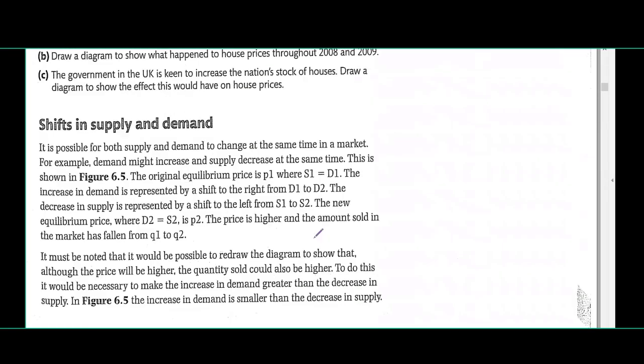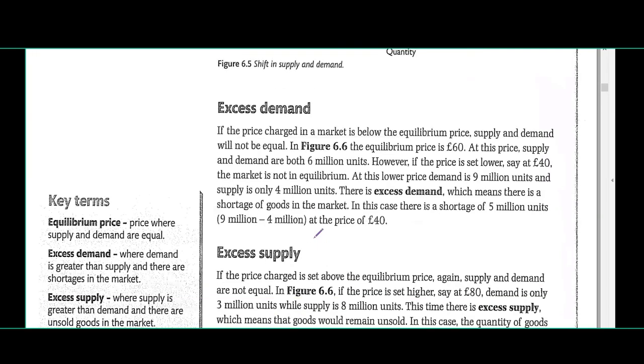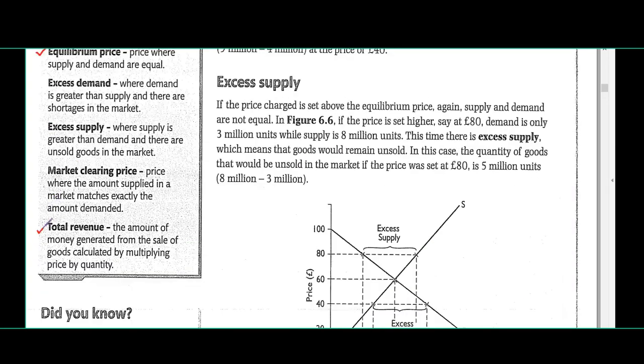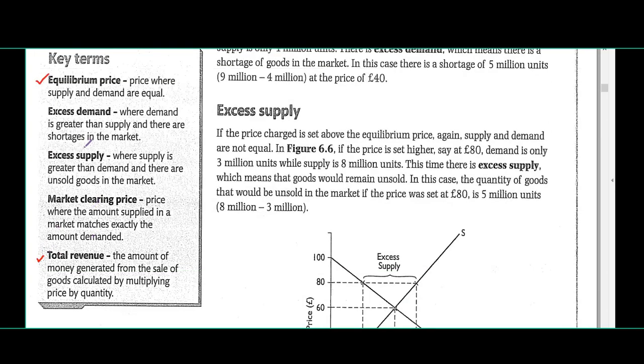So we are on the last topic of this chapter actually. I can see key terms, you have equilibrium price, total revenue. So you should learn this. And now we have two different topics left to finish this chapter.